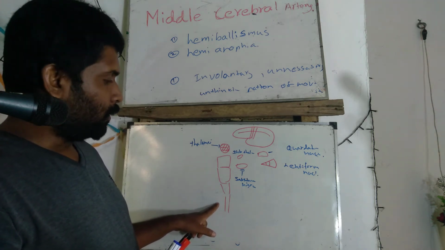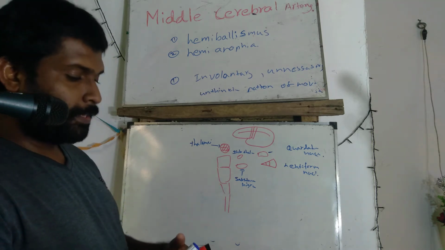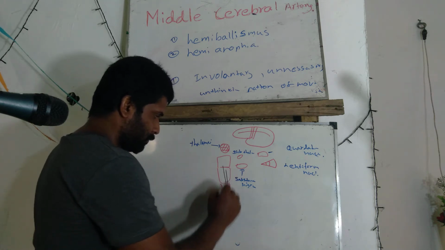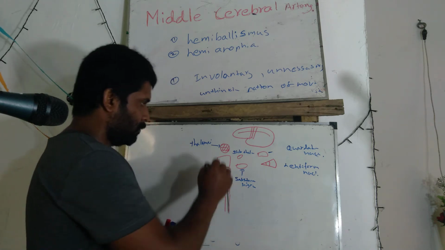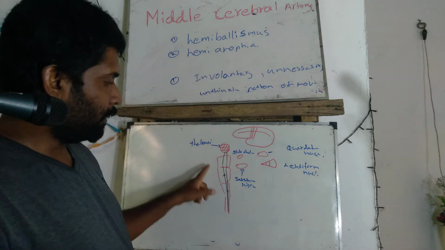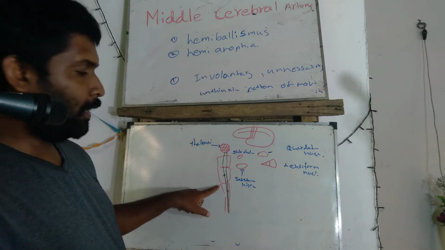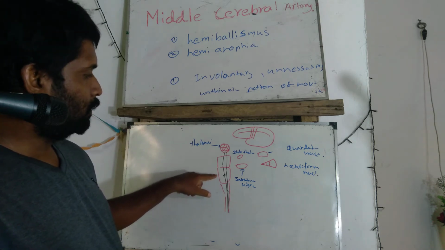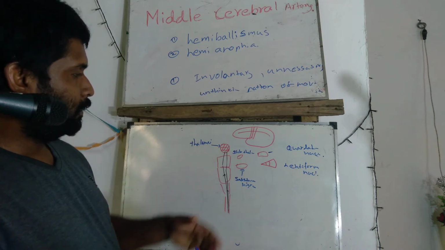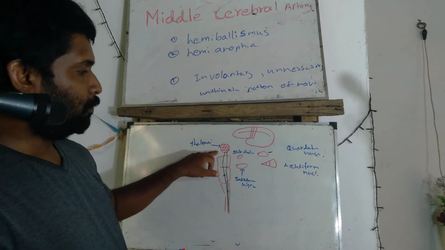The sensory pathway goes through the ascending tract and descending tract, the spinal area. This is the spinal cord, medulla, pons and midbrain. This is the thalamus, which gives sensory input.